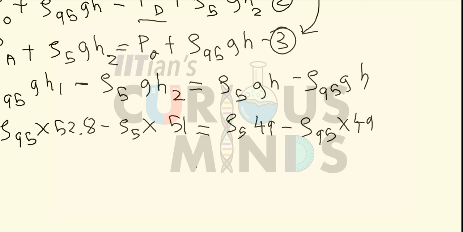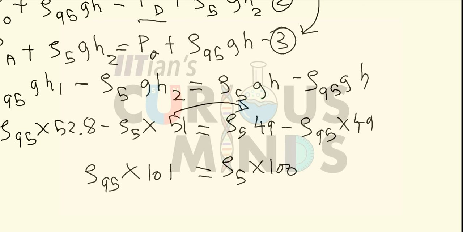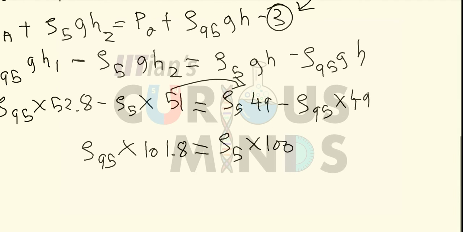If I rearrange the terms, it will be equal to rho 5 into 100, and if I shift this on the left hand side, it will be rho 95 into 101.8.